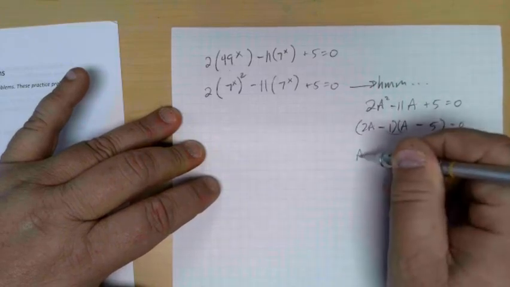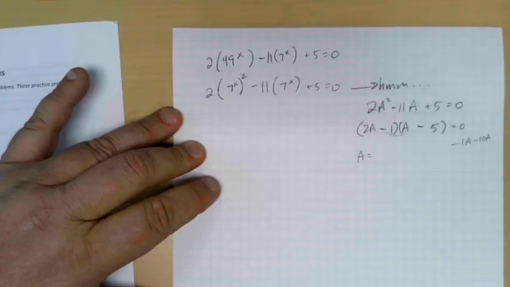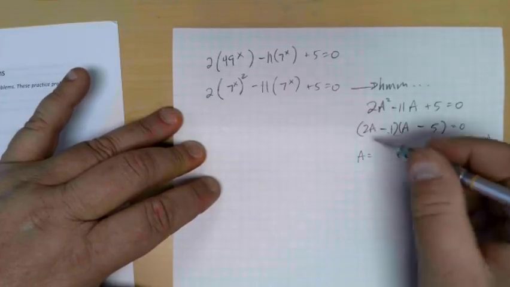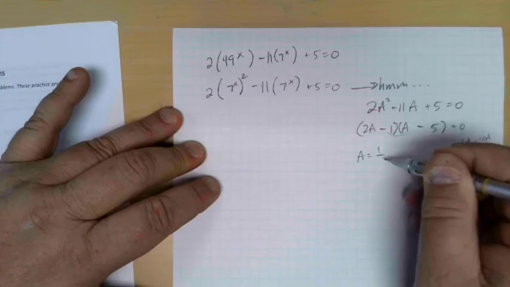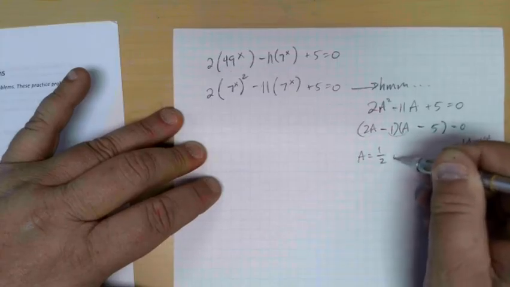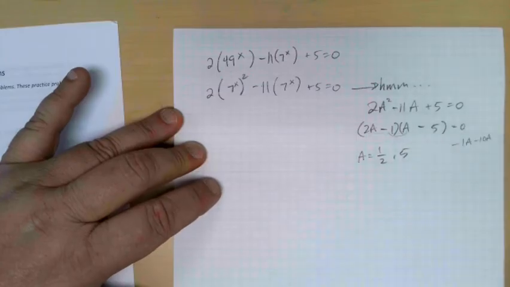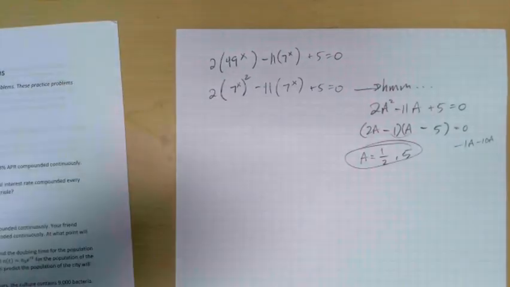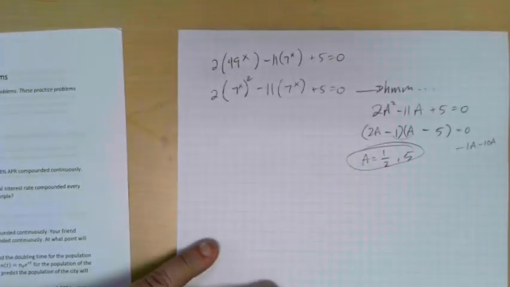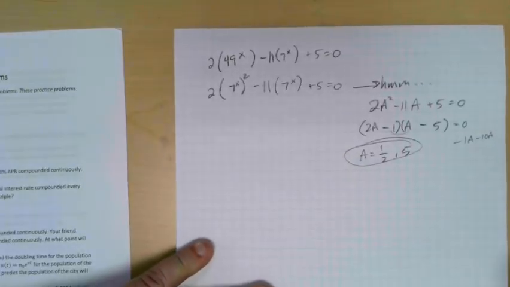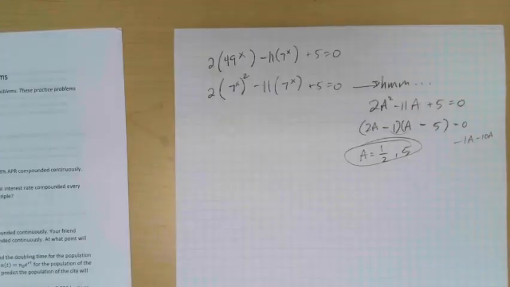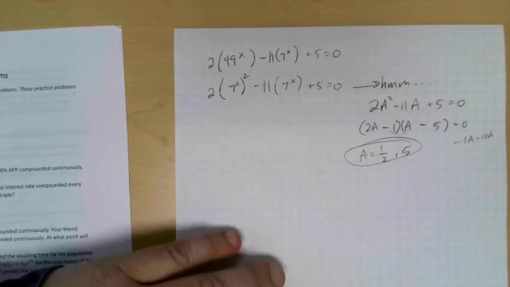So now I can look at it and say, a is equal to the opposite of negative 1, which is positive 1 over 2, or the opposite of negative 5, which is 5. Great. Except I was never asked to solve for a.